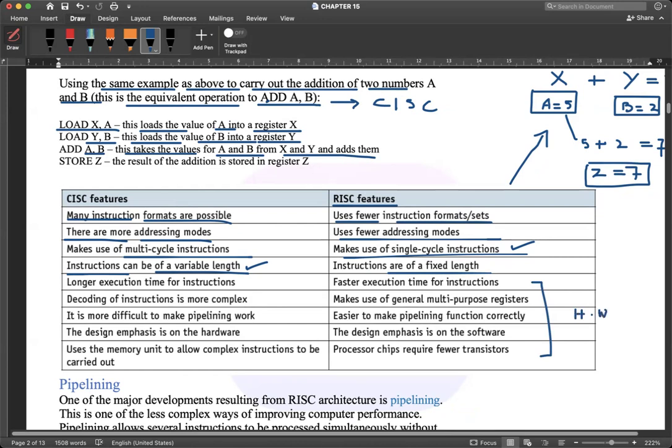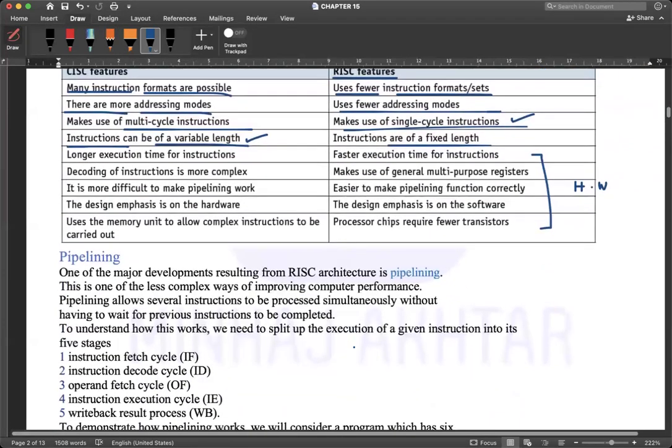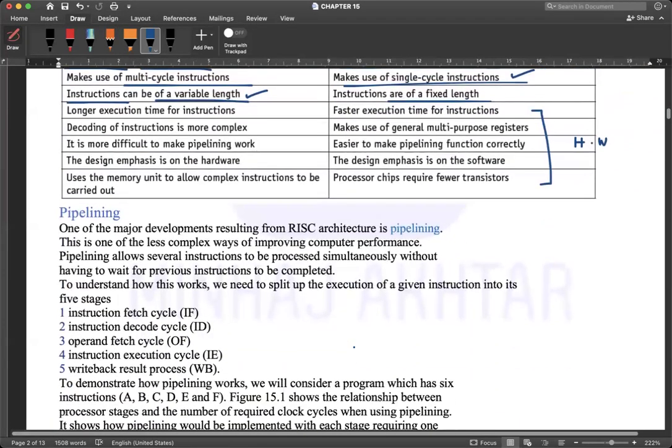Now we are going to start a new topic of pipelining. What is the meaning of pipelining? What do you think? Any idea? I think it is like a function where the instructions are going to be done one after another, or there's a sequence of instructions. So let's see.